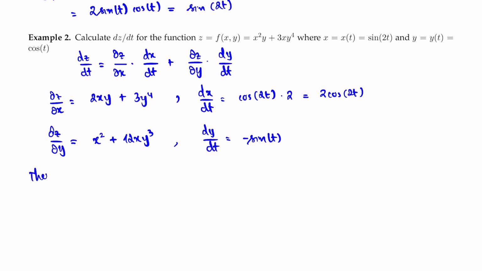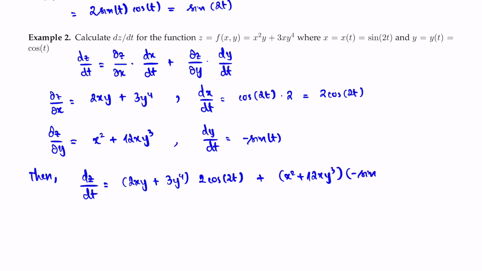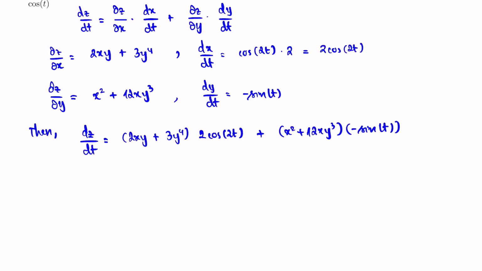Then we have that dz/dt is equal to 2xy plus 3y to the 4th times 2 cosine of 2t plus x squared plus 12xy cubed times negative sine of t. The result of dz/dt has to be in terms of t. Therefore, you're going to replace x by sine of 2t and y by cosine of t.